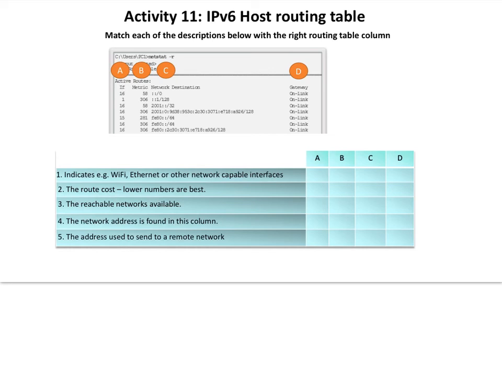So you can say it's slash a number, and the number indicates the number of ones in the network portion, which indicates the number of bits that you have to take from this address and consider as the network portion.